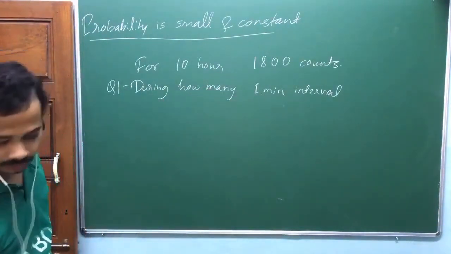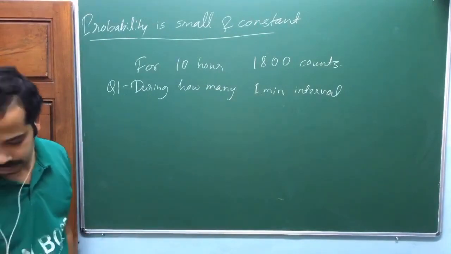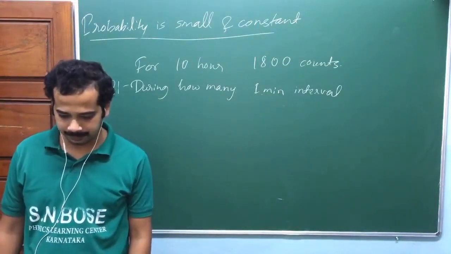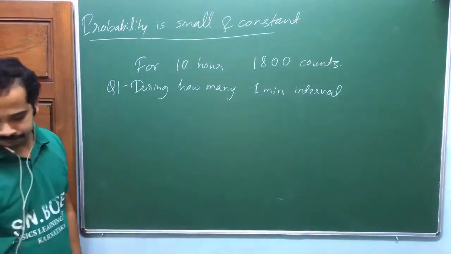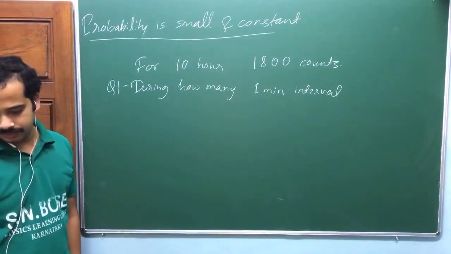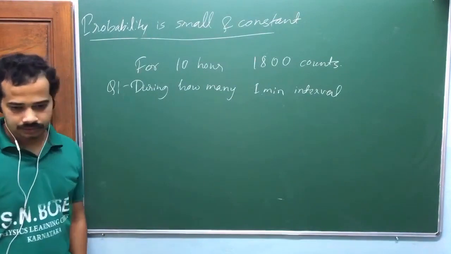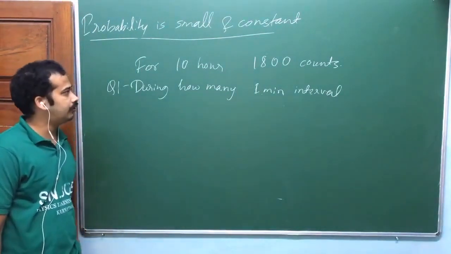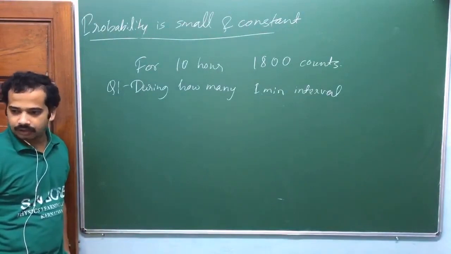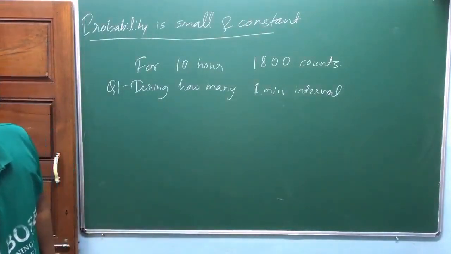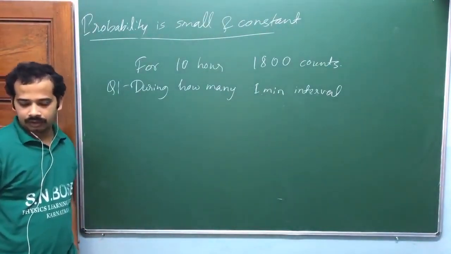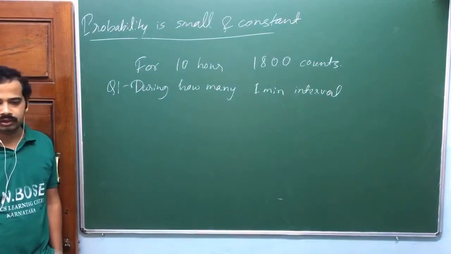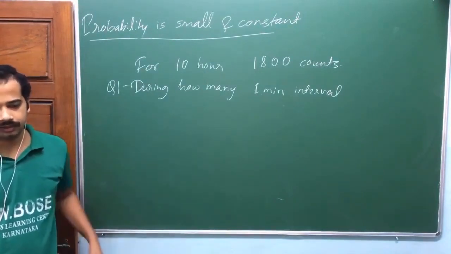Sir, repeat the question again. Look at here. The number of particles emitted each minute by a radioactive source is recorded for a period of 10 hours, and a total of 1800 counts are registered.